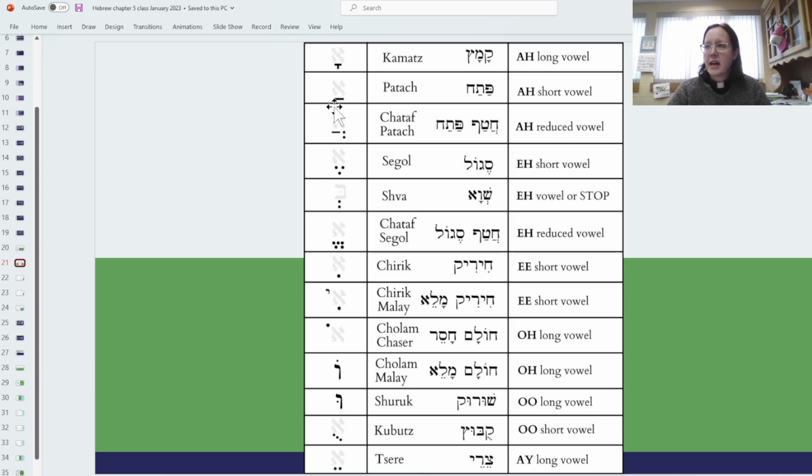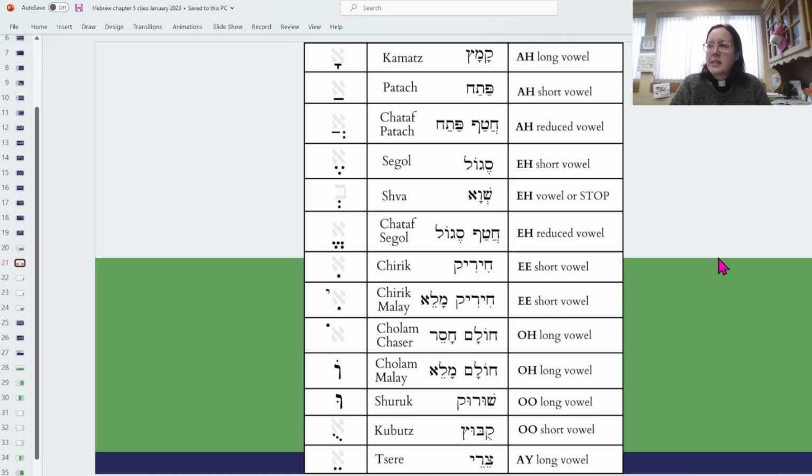You can see that the left column is how it's written, in the middle is what the vowel is called, and on the right column is the pronunciation. So the first one is called a kamets, and it is an ah, so ah, kamets.